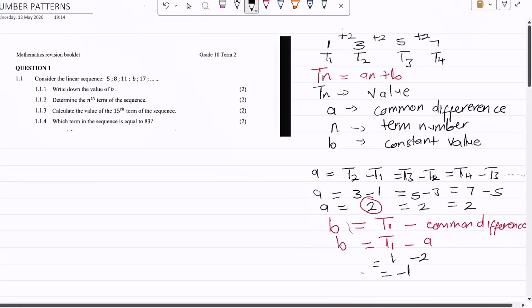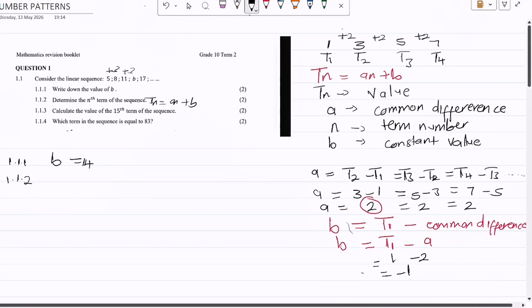Then the next question, 1.1.2, says determine the nth term of the sequence. And I told you guys, we are using this formula, Tn is equal to an plus b. You can choose to find your a and b out of the formula and separately, or you can choose the way that you feel comfortable with.